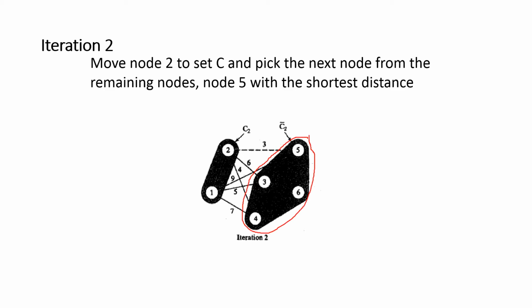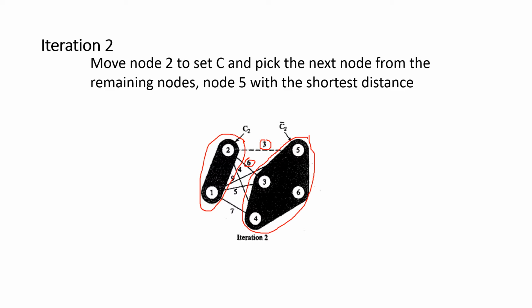I don't care how they're connected, but basically you have the connections from this island C2 to the other island C2 bar through these various connections, regardless of what the particular nodes are. So in this case, you can see the connections are 3, 6, 4, 9, 5, and 7, and the smallest is 3, and thus that node will be selected.